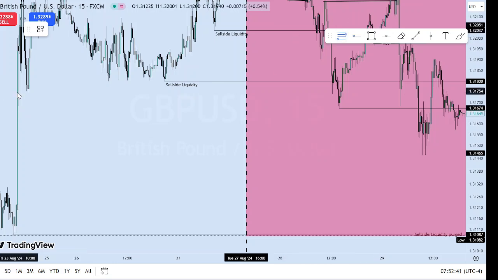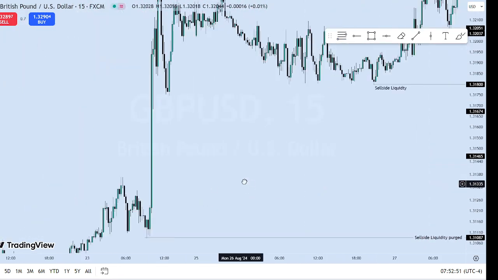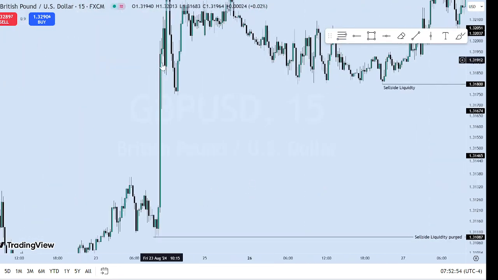So to measure out this fair value gap, you anchor from the high of this candle, the low of it, and this candle, the high of it. This space is a fair value gap, it's a void, it's still empty, like open, it's a hole.